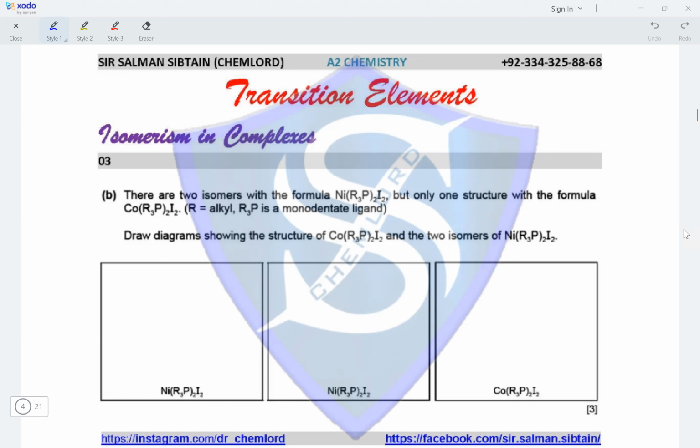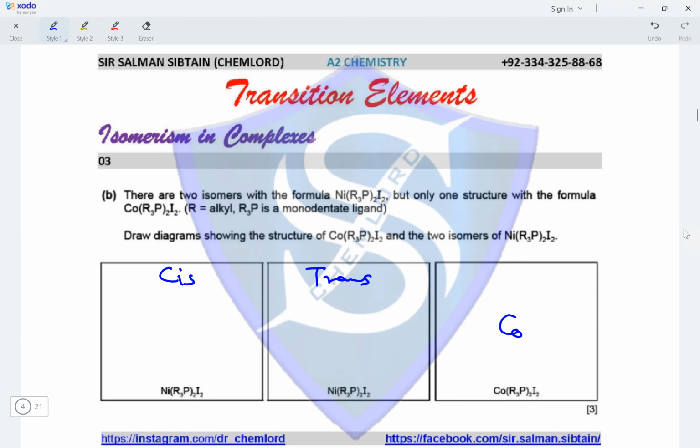So, if we have a coordination number 4 in the complex and we've got isomers present, it means that their shape would be square planar and the isomers would be cis and trans. Whereas the complex that does not have any isomer present would be a tetrahedral complex. So let's begin with a tetrahedral complex.